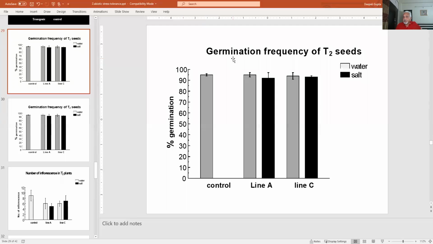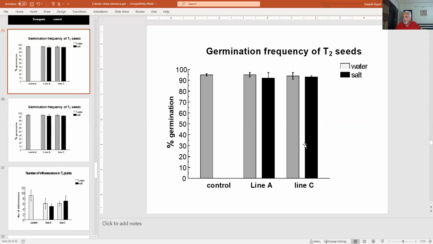So if you see the control plants under normal conditions, they show almost 95% seed germination. But when you grow the seeds under salt stress, it is blocked 100%. There is no seed germination observed.